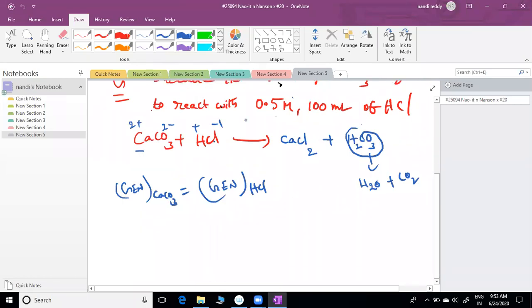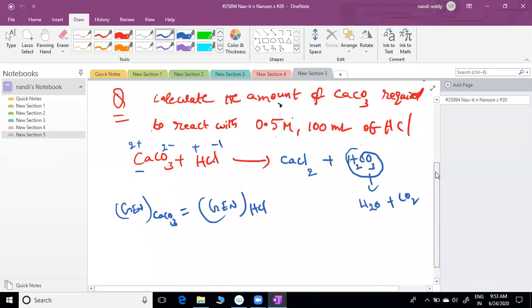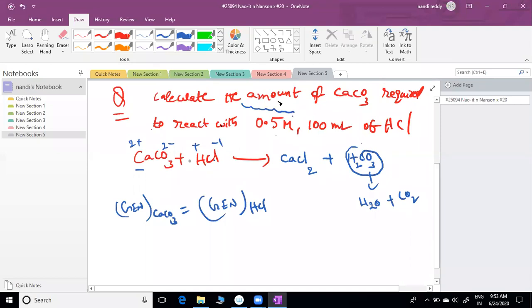Here I am asking the amount. Is it correct? Amount means weight, or not? Weight. In terms of weight, what is the formula of gram equivalent number? Very simple: given weight by gram equivalent weight.